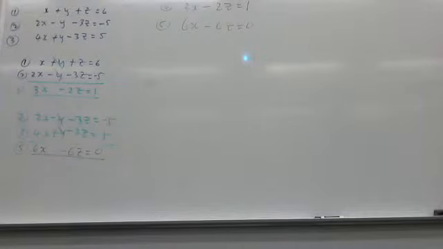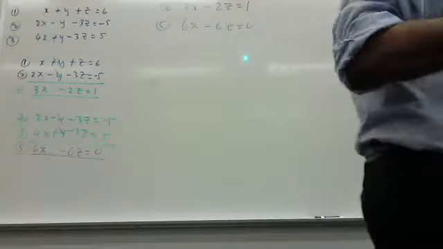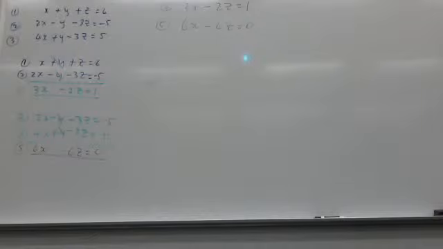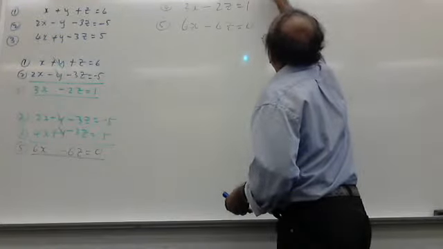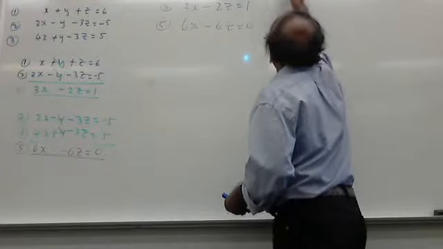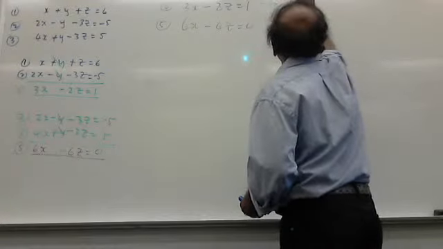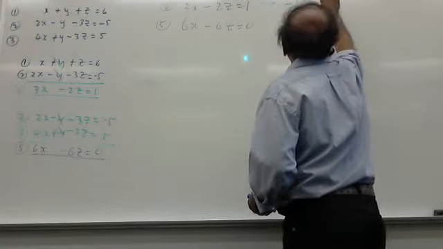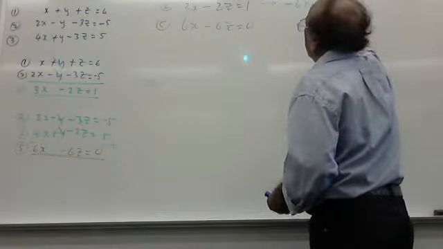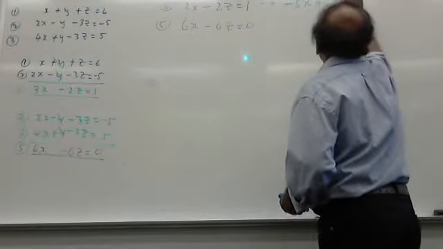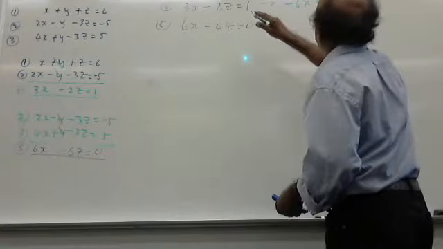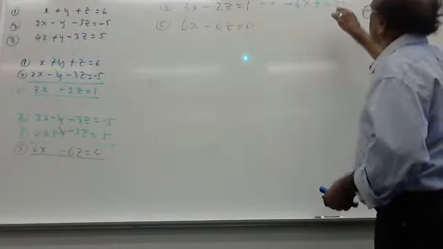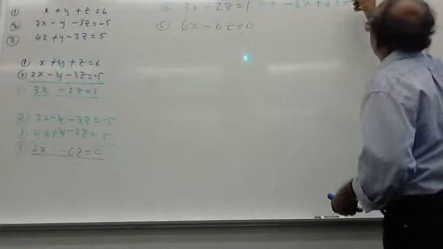So any questions, students, so far? Any question on what we're doing? All right. Now, let's go ahead and do that. So we multiply this here by -2. And if you do that, this becomes -6x plus 4z equal to -2.